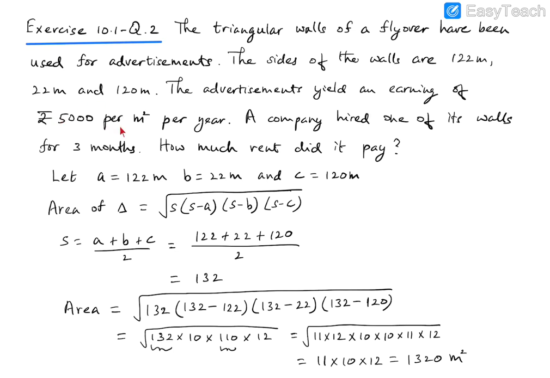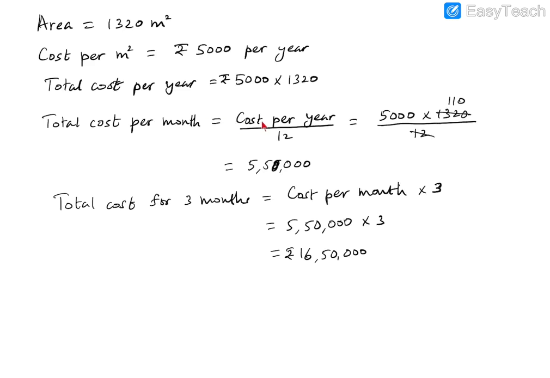And once we got the cost for the entire year, we divided it by 12 to find the cost for each month. And once we obtained the cost of advertising for each month, we obtained the cost for 3 months by multiplying the cost per month into 3. So that gives us the total rent that the company will have to pay to advertise on that wall for a period of 3 months.